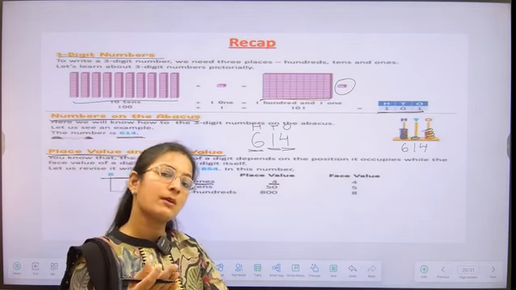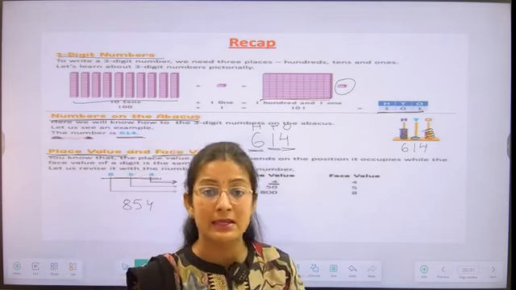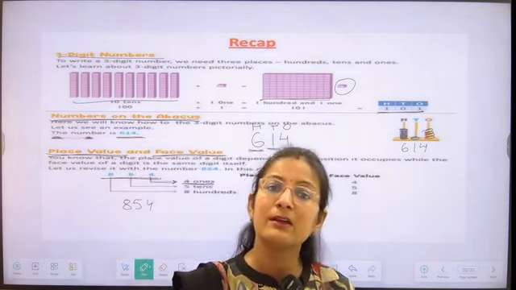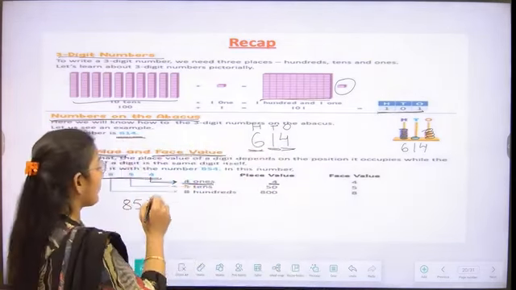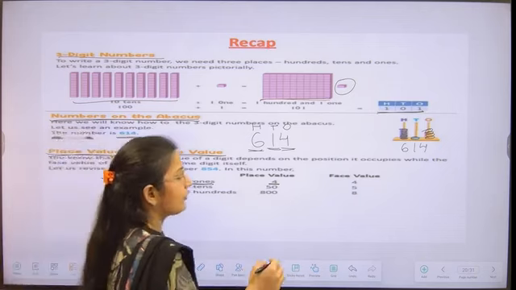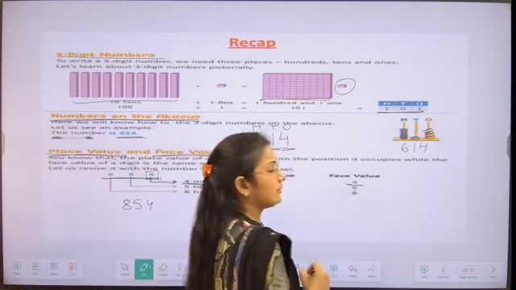The face value is the digit itself. At this number 4 is written, so 4 is its face value.